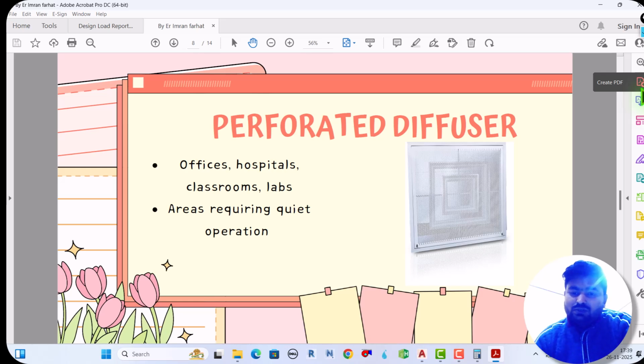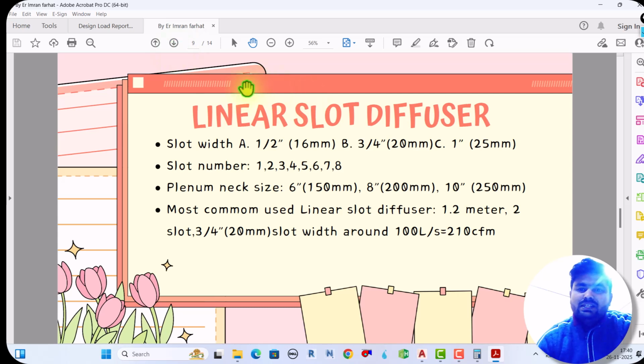Okay, because we need laminar flow in the operation room so that we can achieve a comfort zone for the patients and the staff inside. This is the reason we use the perforated diffuser for laminar flow. So if we are going to design an operation room, which air terminal do we have to select? Perforated diffuser.